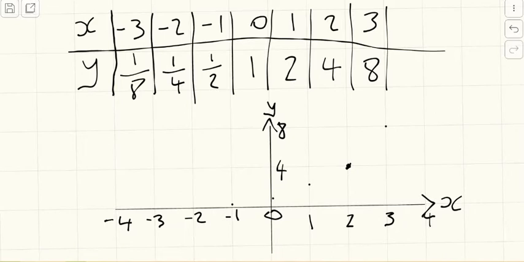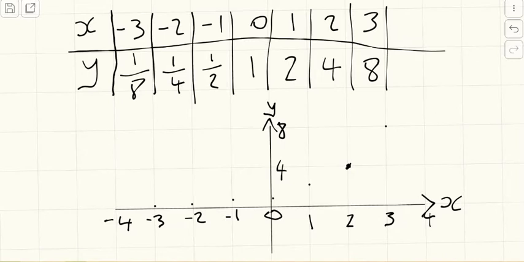And for -2, it's a quarter, which gets just a little bit smaller. Let me do it so that it gets a bit smaller. And so on.